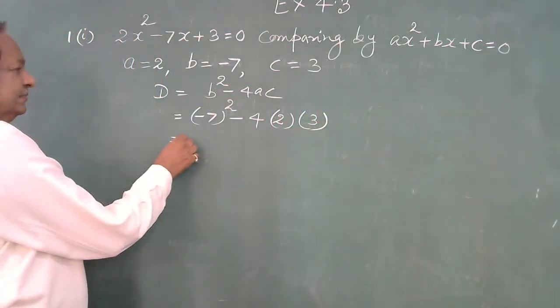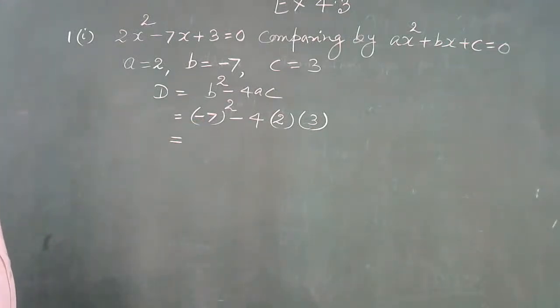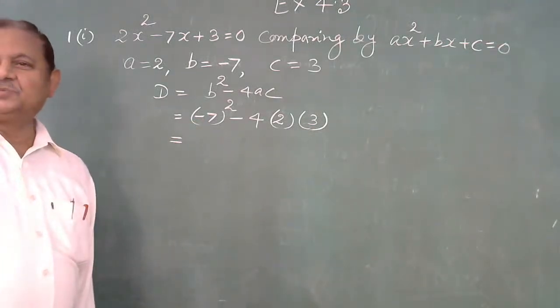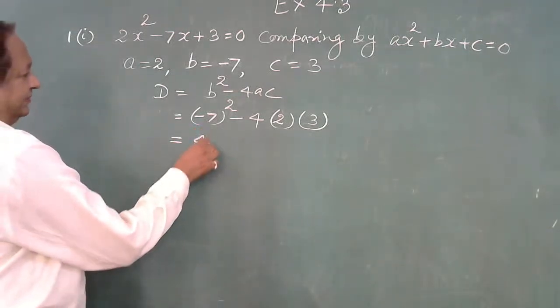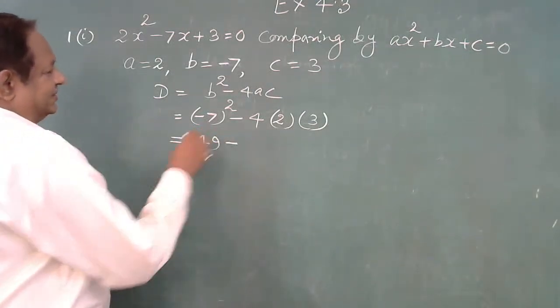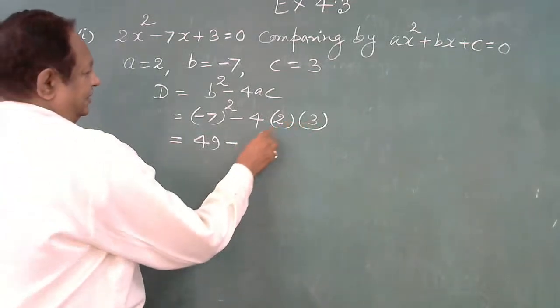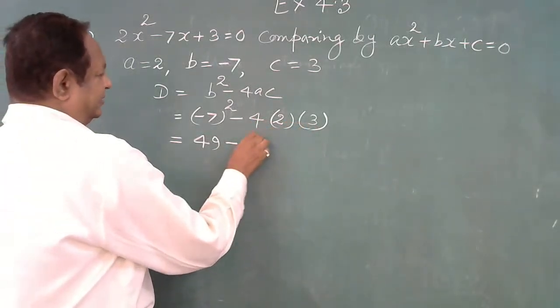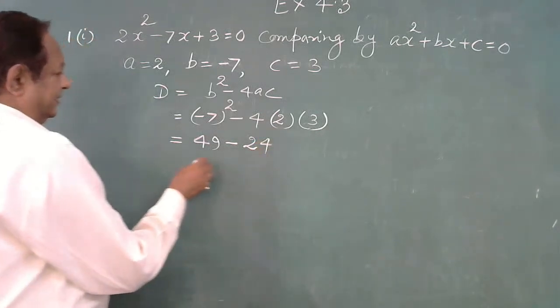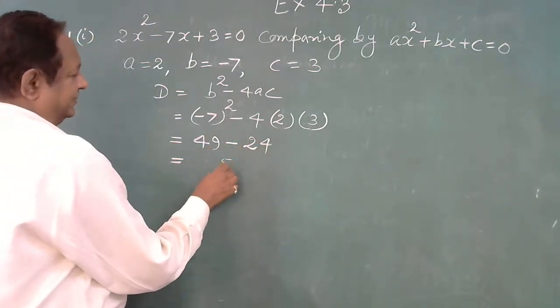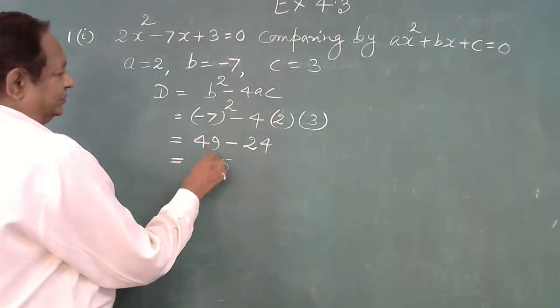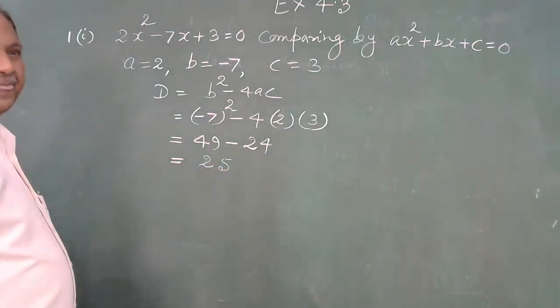Now the square of minus 7 is plus 49, minus 4 into 2 into 3 is 24. This is equal to 49 minus 24, that is 25.